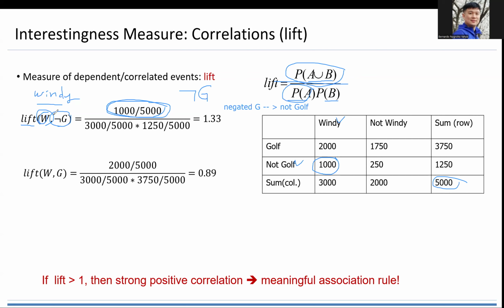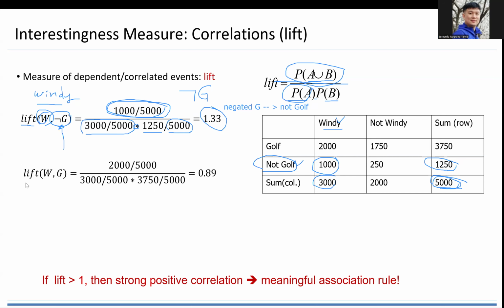The probability of windy, which is 3,000 divided by the total data 5,000, multiplied by the probability of not playing golf. The probability of not playing golf is 1,250 divided by the total data, which is 5,000. Then we get the value 1.33.